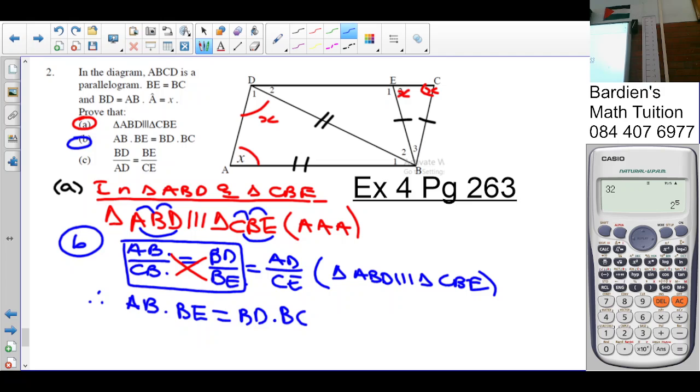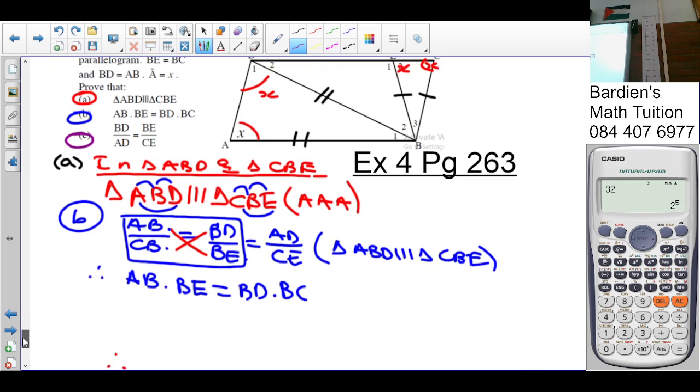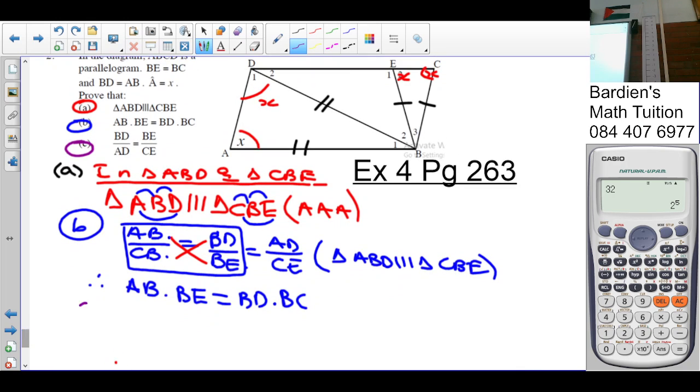No? So let's look at C. So again, it's a distance question. So we say C, of course, is going to be AB over CB is equal to BD over BE and equals AD over CE. Again, the two triangles are similar, okay? So don't take it off here because of the space.